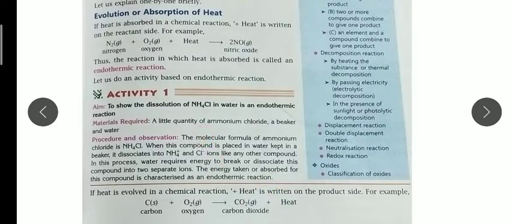Now one more reaction is given, that you can see here. If heat is evolved, this reaction is an exothermic reaction.